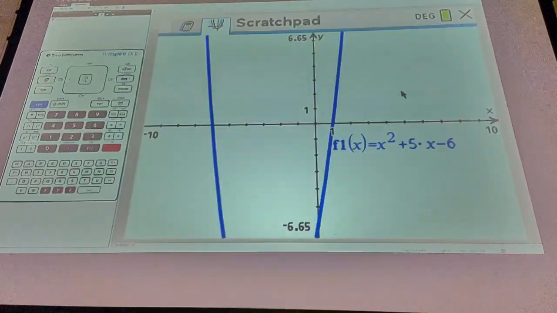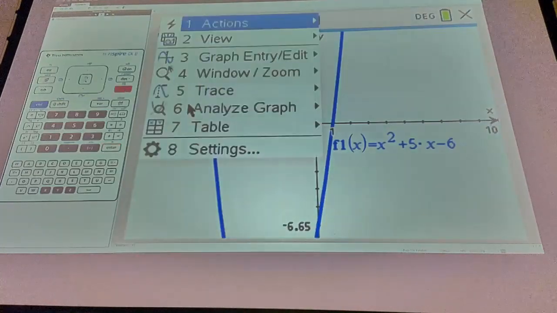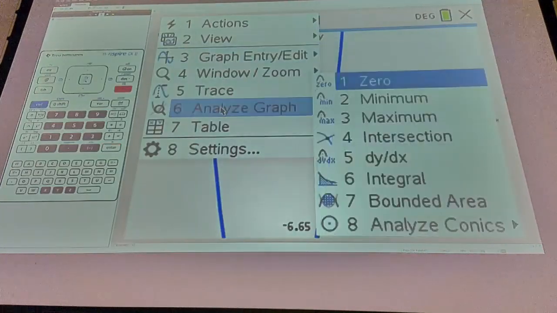Remember, we're looking for greater than or equal to 0, right? So it'd be this portion up here and this portion here. So what does that intercept right there? I know the TI-83 does do this. And you analyze the graph, you can find the zeros.